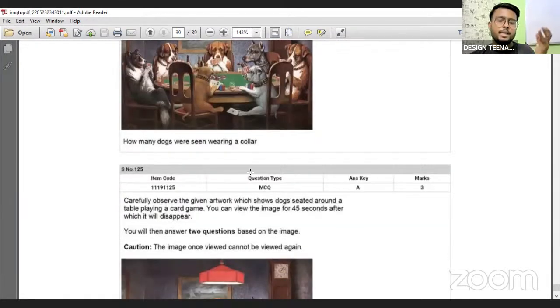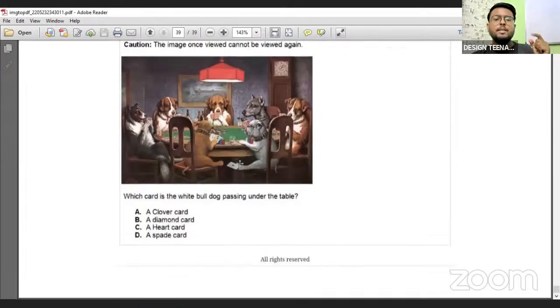We will have, I guess, 3 plus 2 sets, or one day 2 sets of questions and another day 3 sets of questions. After that, we will do another 2 sets of questions. For the first 3 sets, we will have 45 seconds of timing to improve your practice. Then for the next 2 sets, we will have a timing of 30 seconds. This is how we are supposed to go.